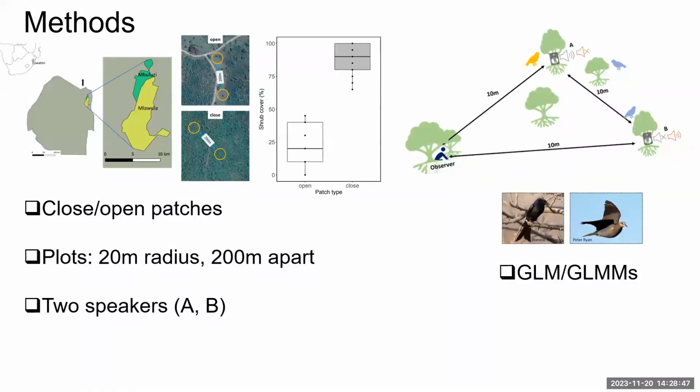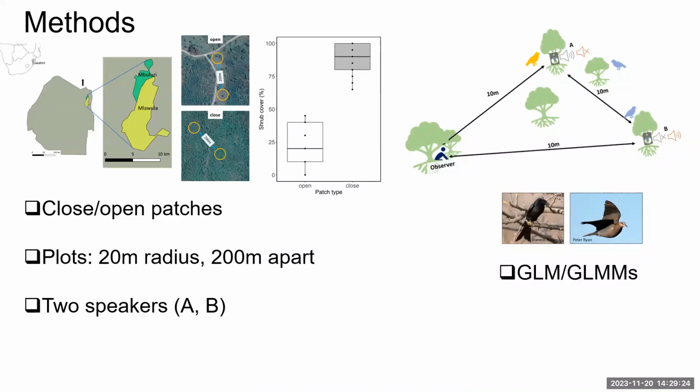So we played a bird vocalization on speaker A for 10 minutes straight. And after that, we quickly switched and started playing the exact same tape on speaker B. Again, the idea was to see if species that came to speaker A were also moving towards speaker B. And if they did, there will be some evidence of following the drongo in this system.